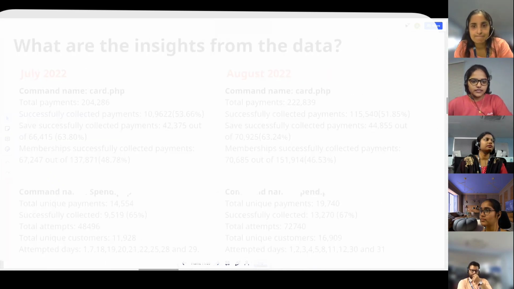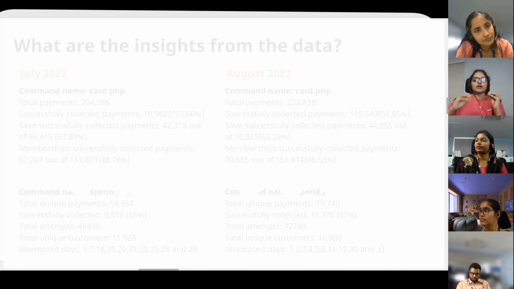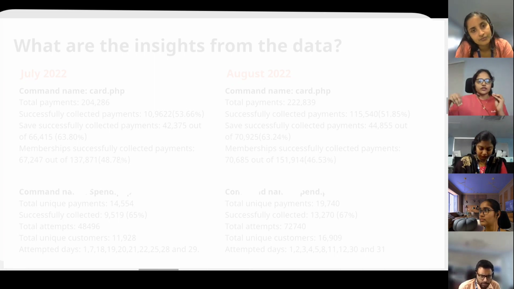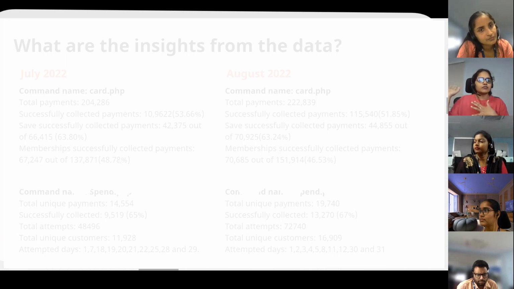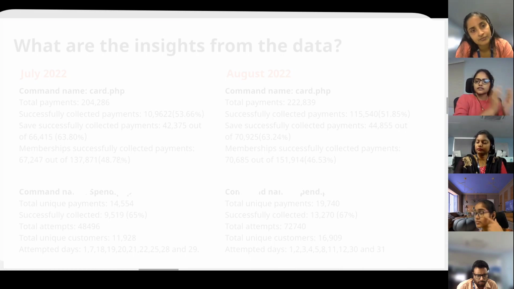First, we need to give the insights, meaning how many payments we have in total, how much we are collecting, and in that total, how many are from different products. As I mentioned, they have a couple of products, so I separated each product and gave the insights: this product is collecting this much and this product is collecting this much.